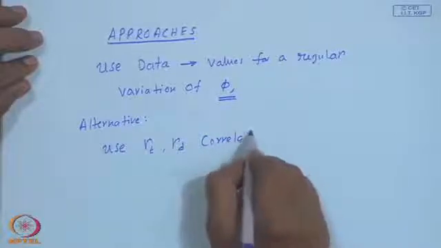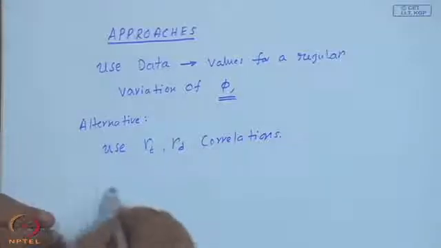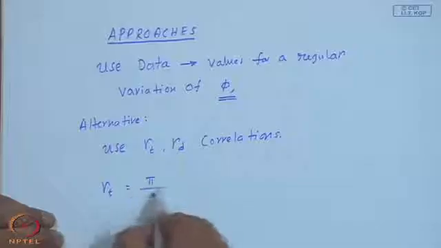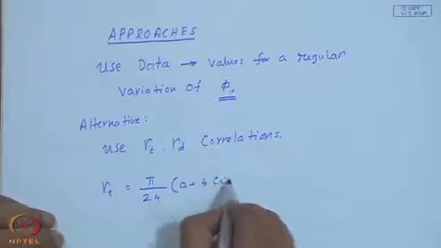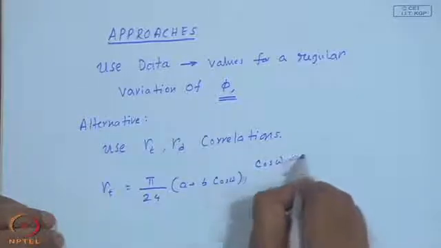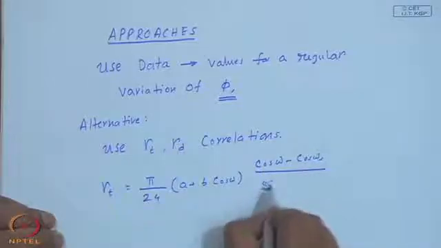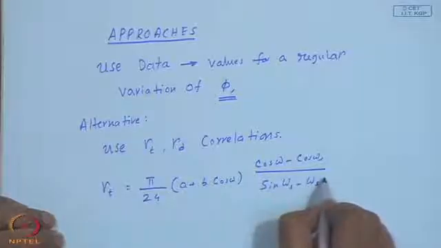RT and RD correlations can be used, right, where you have got RT is pi by 24 times a plus b cos omega, times cos omega minus cos omega s by sin omega s minus omega s cos omega s.